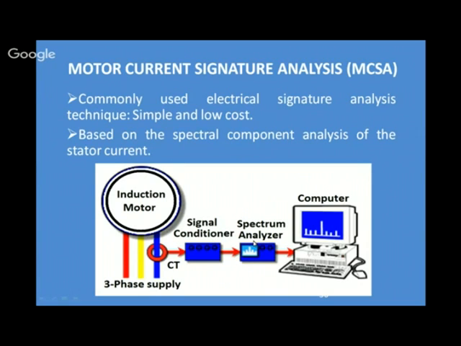So depending on the type of fault we will have different types of components here. For example, if we have the bearing faults, then these components will be different, and for eccentricity fault we will have different types of frequency components here. These can be further analyzed to detect the type of fault in the induction motor.